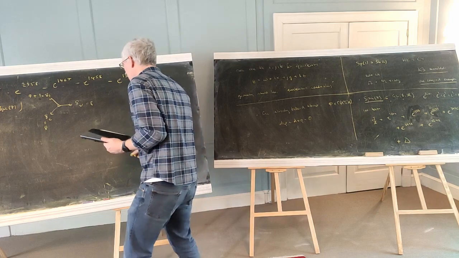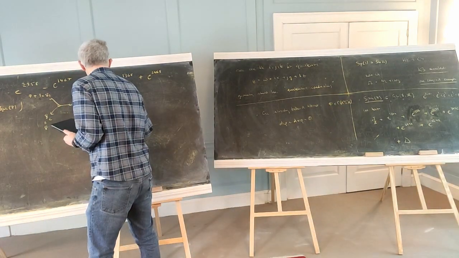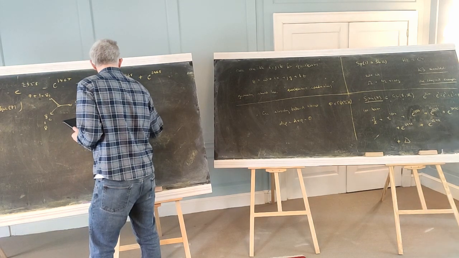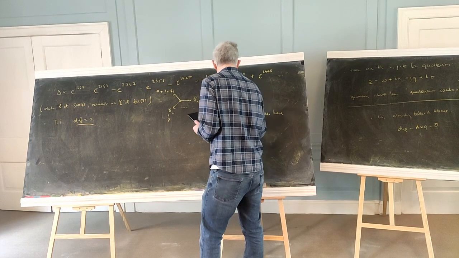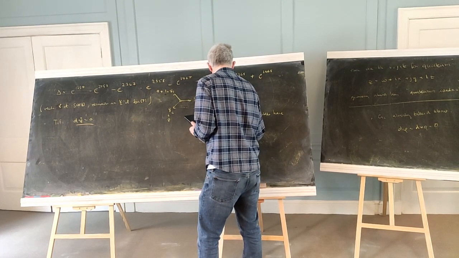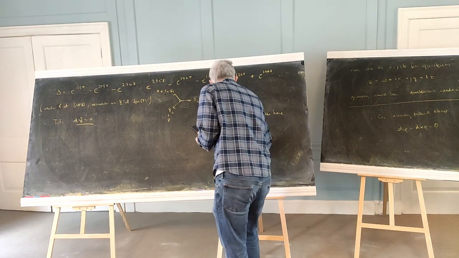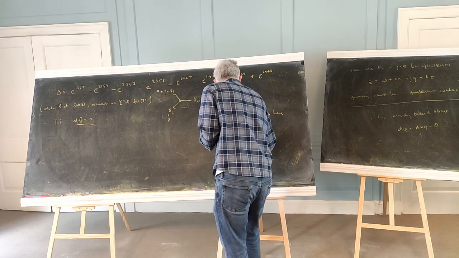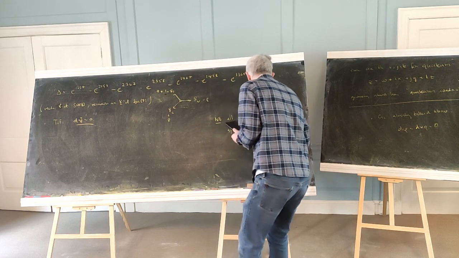So NB, all these manifolds have special holonomy, where the holonomy group of the Levi-Civita connection is contained inside the G structure.